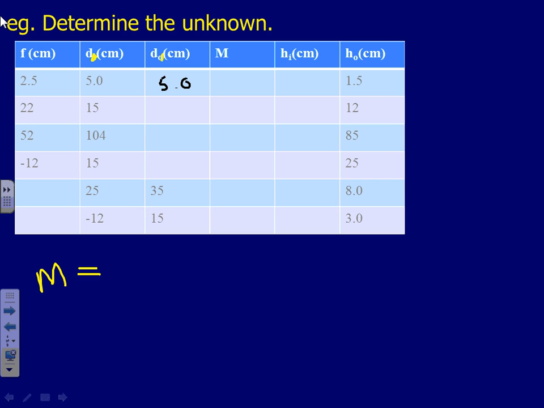listen up, what 2 pieces of information do I have? I've got the di and the do. So I have to use the di and do version, because remember, there are 2 versions for M. One is hi over ho, and the other one is negative di over do. Notice I've got di and I've got do. Negative di over do.